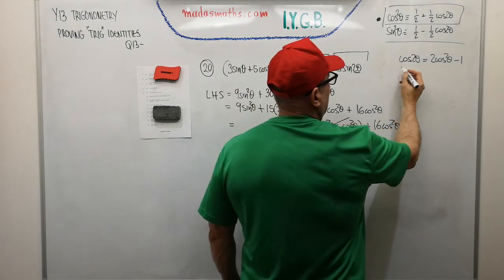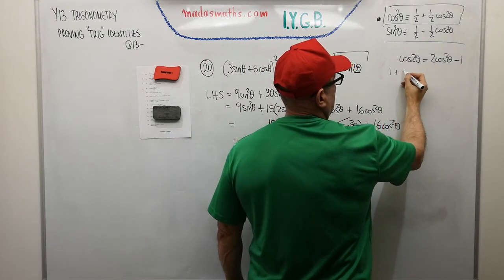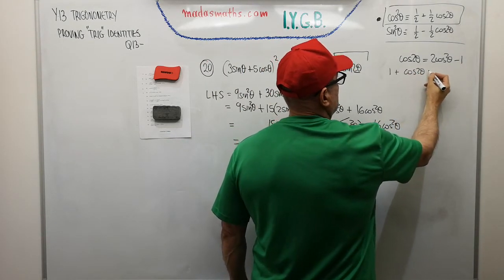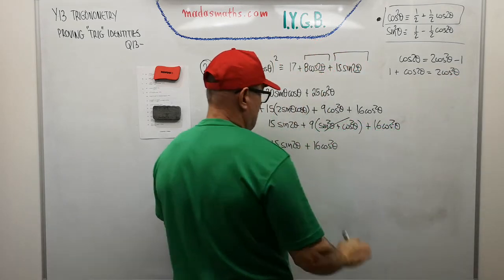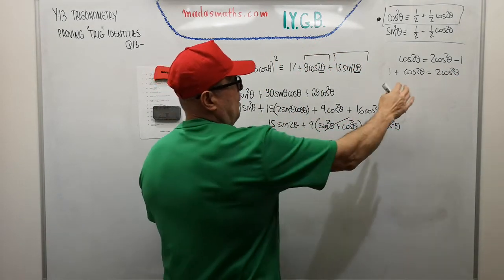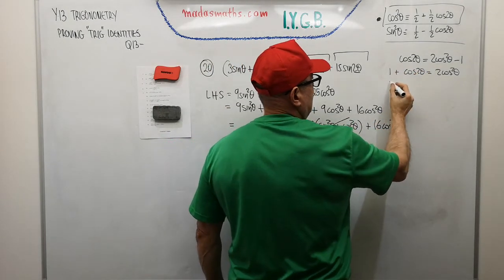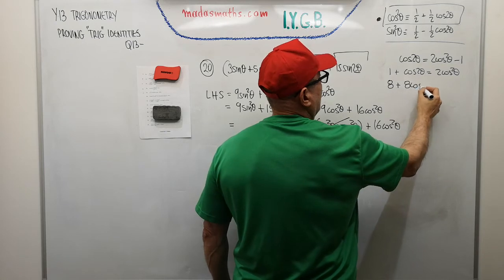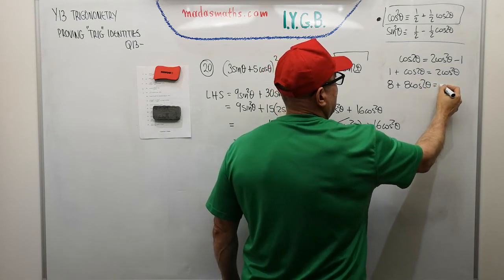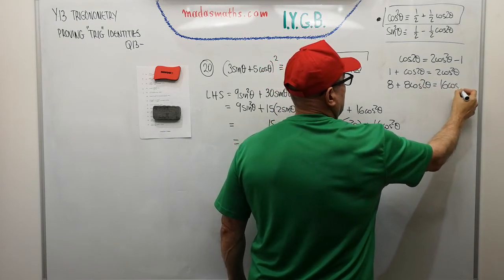And then rearrange your identity as 1 plus cos of 2 theta is 2 cos squared theta. And then, since I want 16 of them, multiply the whole thing by 8. So it's going to give us 8 plus 8 lots of cos of 2 theta is equal to 16 lots of cos squared theta.